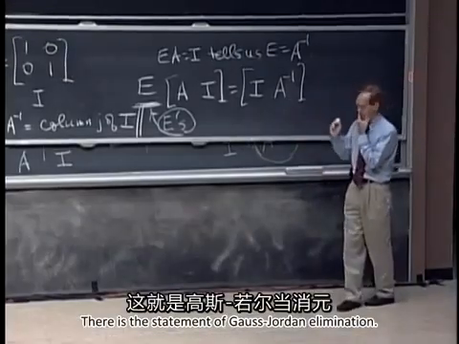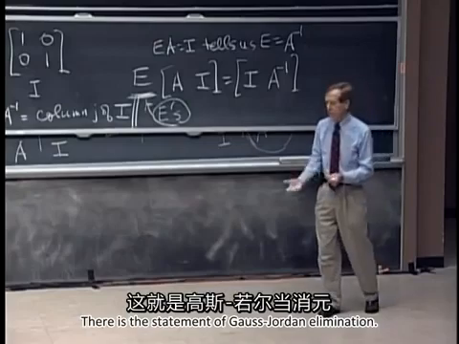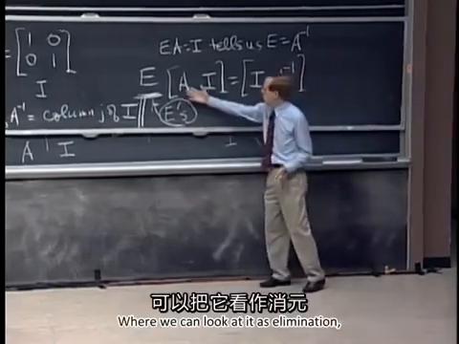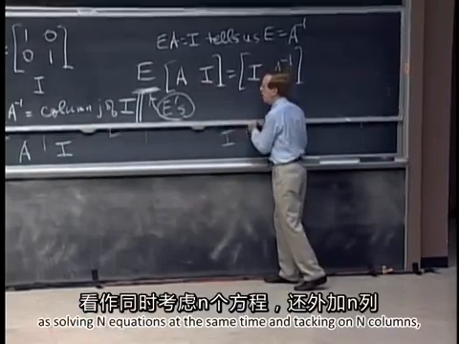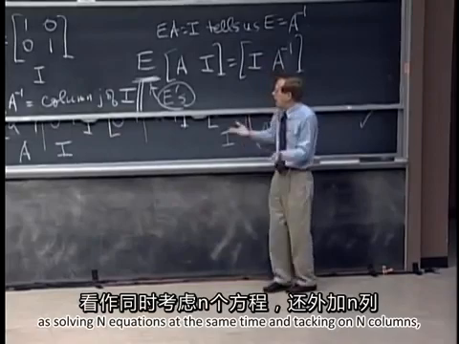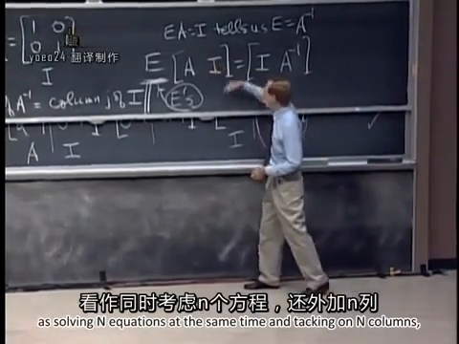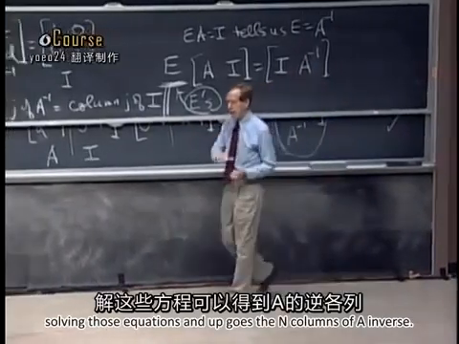There is the statement of Gauss-Jordan elimination. That's how you find the inverse. We can look at it as elimination, as solving n equations at the same time, and tacking on n columns, solving those equations, and up show the n columns of A inverse.